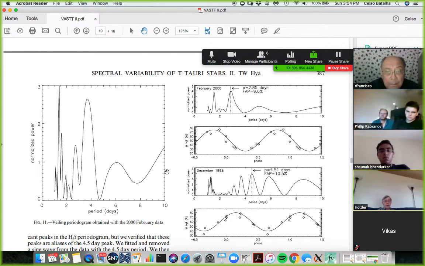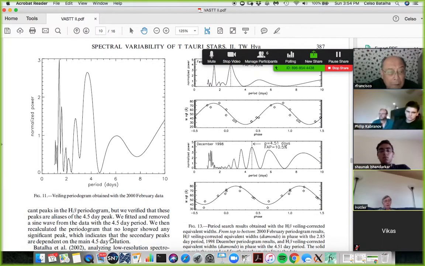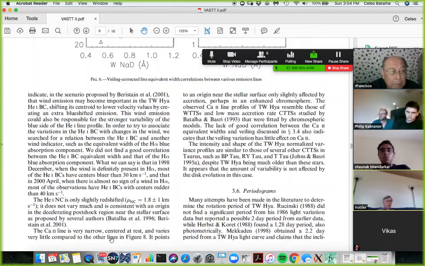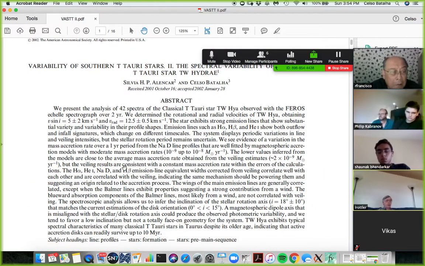I think 4.5. Yeah, that's what we came out with. You see it in the abstract. We should have put it in the abstract. With no rotation on this and I. Yeah, this is okay. I still go with that.